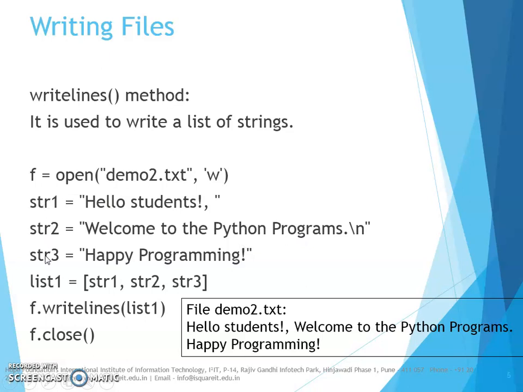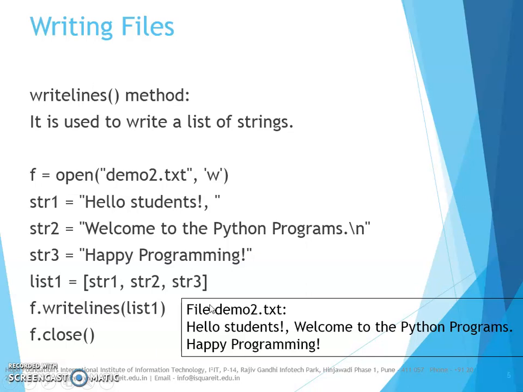These three strings will be a part of a list, that is, list1 is equal to str1, str2 and str3. We want to write these three strings in a file at a time. Then we will call this writelines method and pass this list to it.